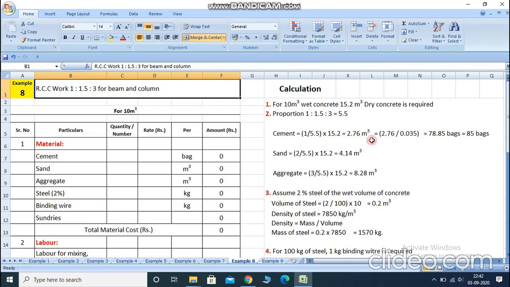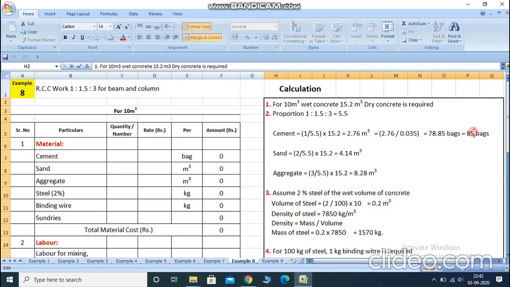Here cement is in meter cube, but we require it in bags. One bag volume is 0.035. So 2.76 divided by 0.035 gives 78.85 bags. We take a lump sum of 79 bags. Clear?